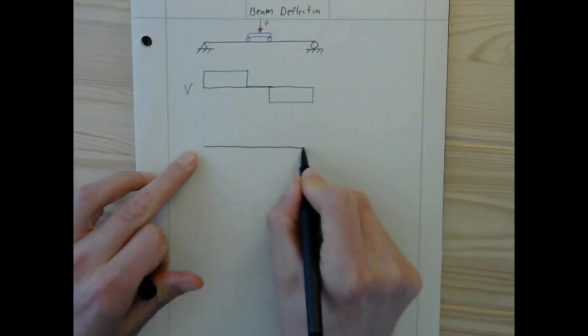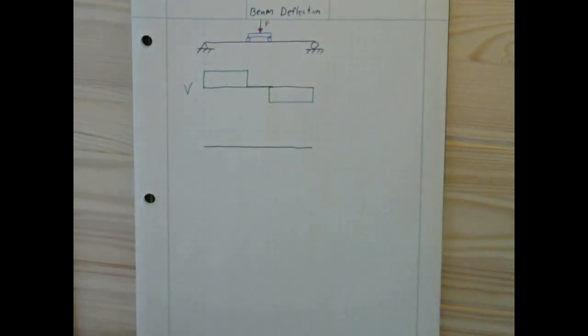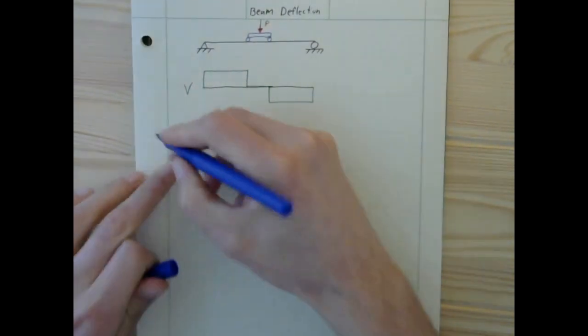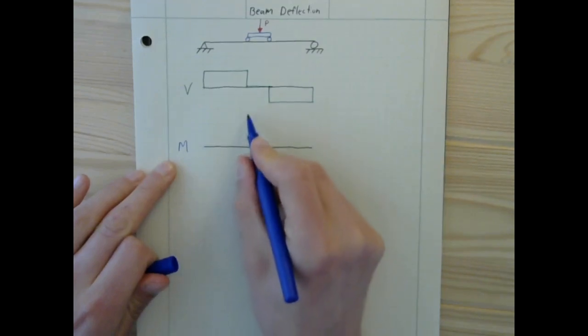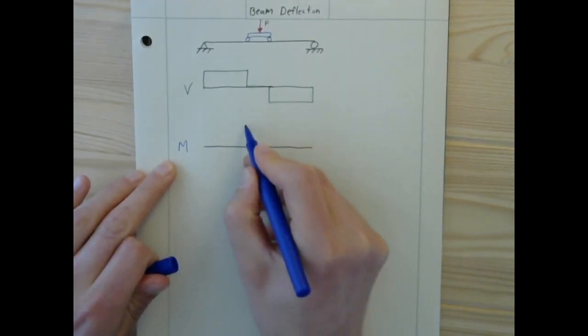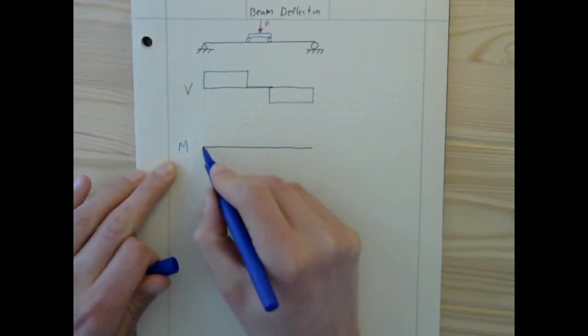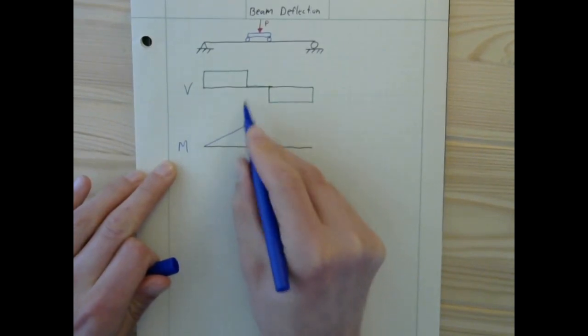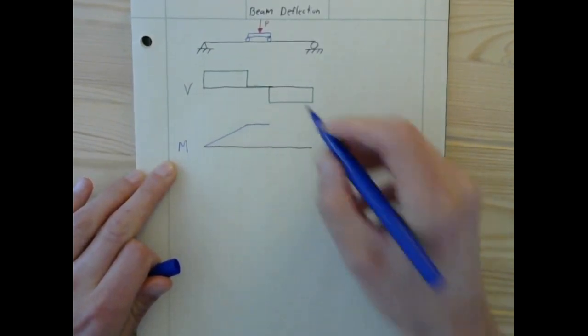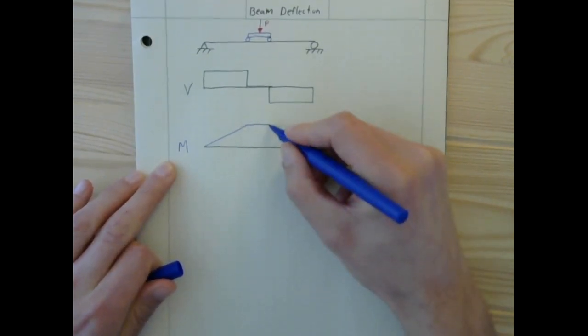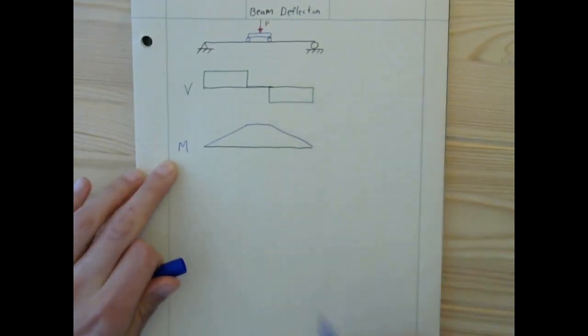And then our moment is going to look very similar. I mean, not at all similar, I shouldn't say that. It's going to have a positive slope up until the end of this. It's going to be constant from here to here. And then it's going to have a negative slope from there to there, and we're going to end up at 0.